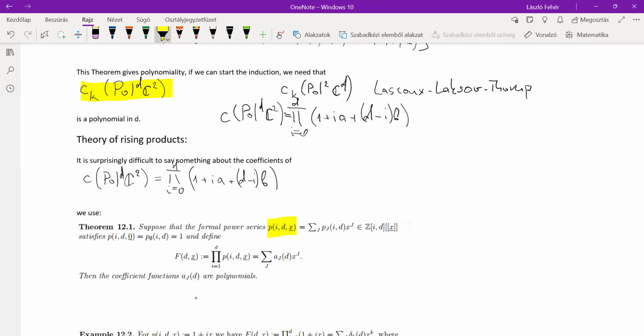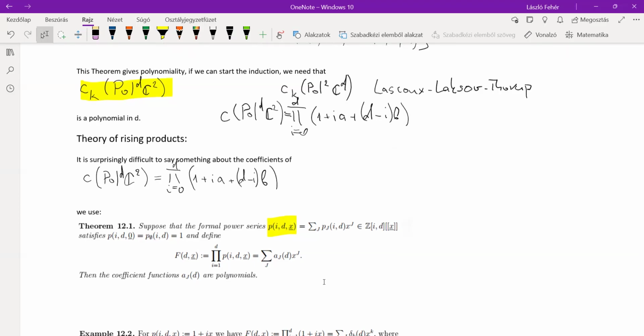The key theorem of this theory is that the coefficients, for example, in the monomials, which is the same as saying in the monomial symmetric basis, are polynomials in D. So just to see how non-trivial problems can come up, I show you one example.